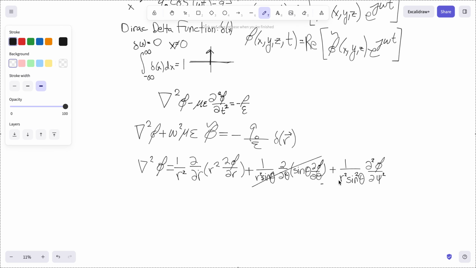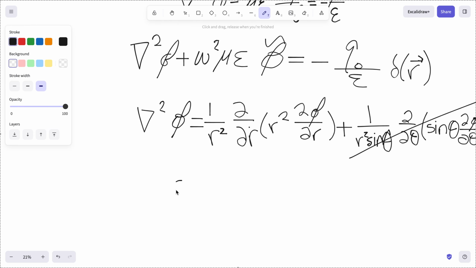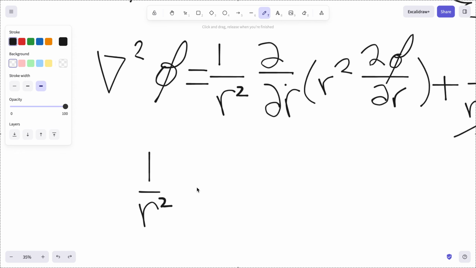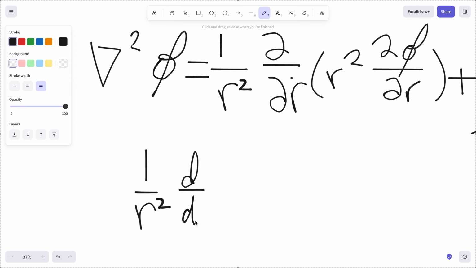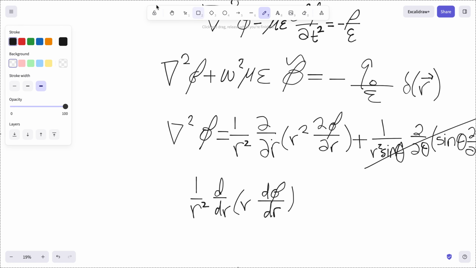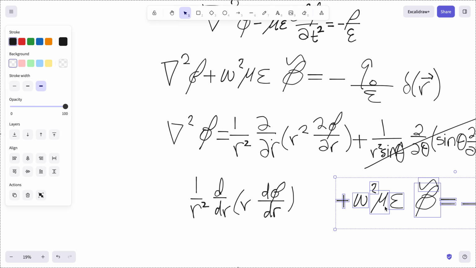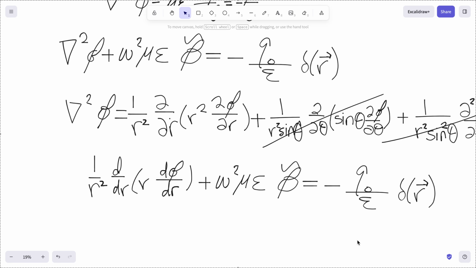So both of these terms cancel out, leaving us with an ordinary differential equation: 1 over r squared d over dr of r squared d phi over dr, plus the rest of this, is equal to minus Q naught over epsilon.